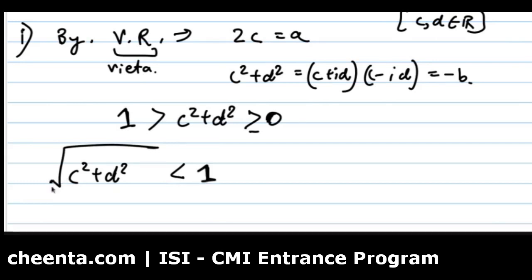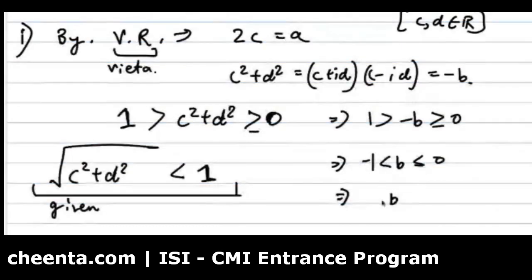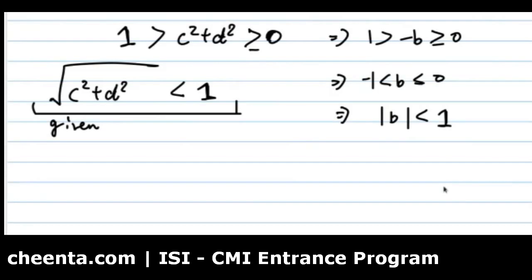This is given to us. We have assumed this given. This implies minus b greater than equal to 0, less than 1, implies b less than equal to 0, greater than minus 1, implies mod b strictly less than 1. First part is done.